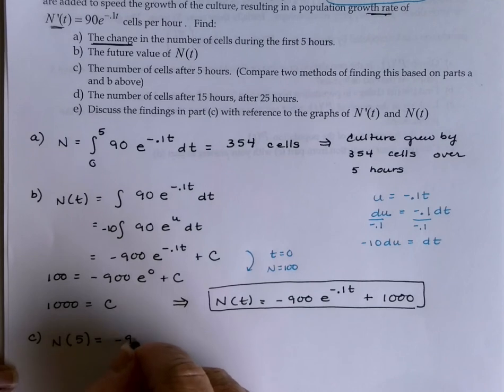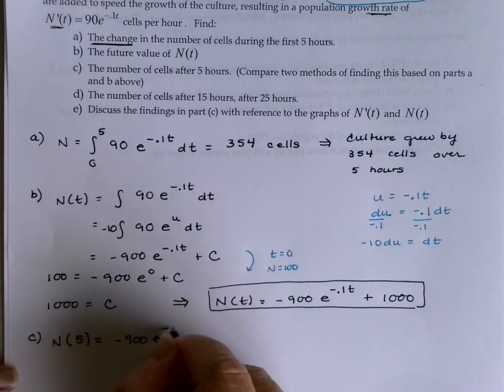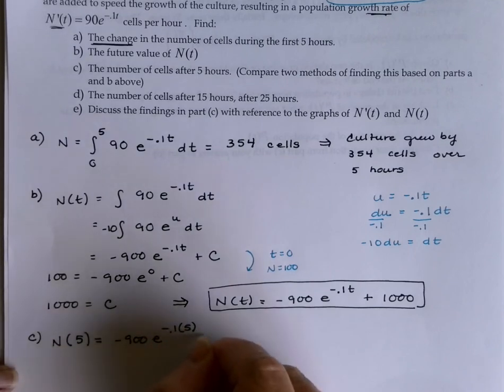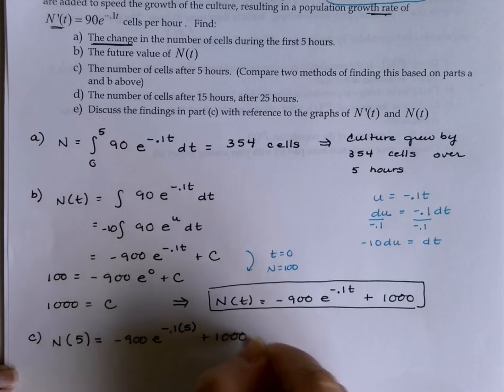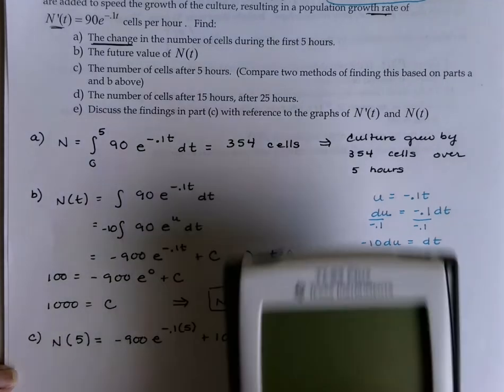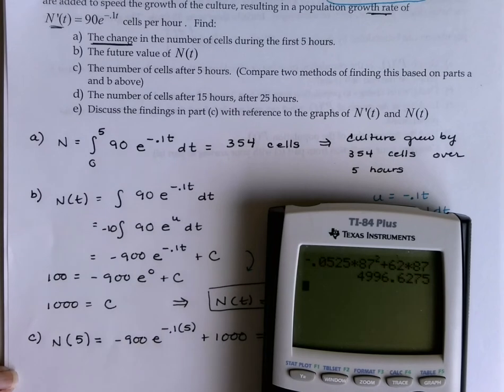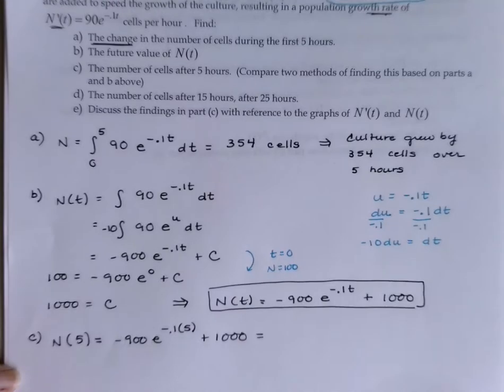So if I plug 5 in for the t here, let's just see what we get. We get about 1,354. I'm rounding to the nearest whole number since these are cells, or whole individual cells, so about 1,354.